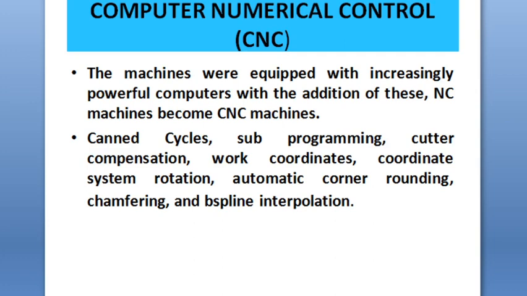In addition to these, NC becomes powerful CNC machines, which can do canned cycles, subprogramming, cutter compensation, work coordinates, coordinate system rotation, automatic corner rounding, chamfering and B-spline interpolation.